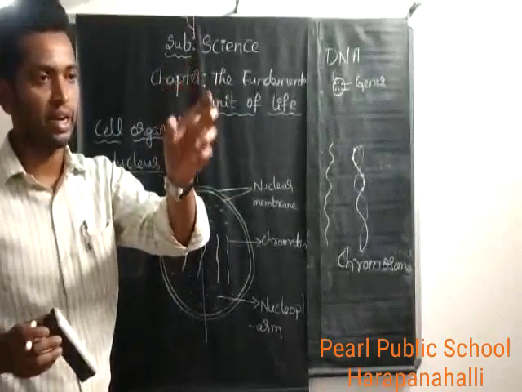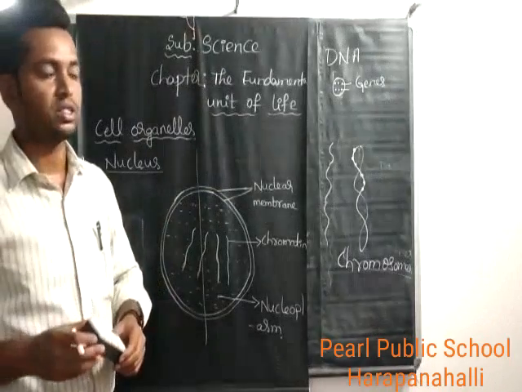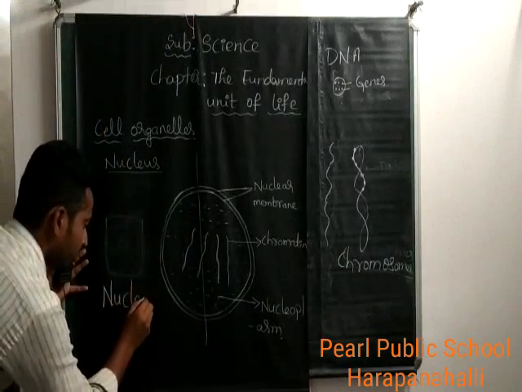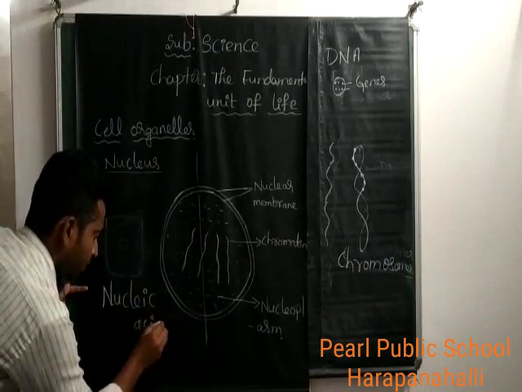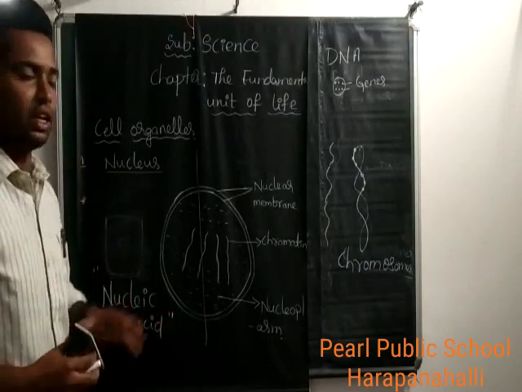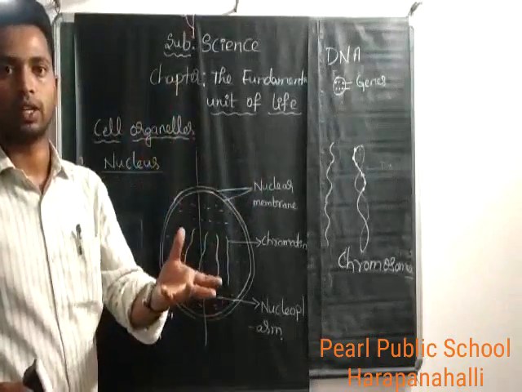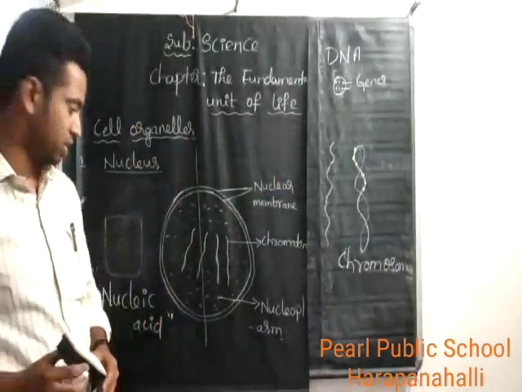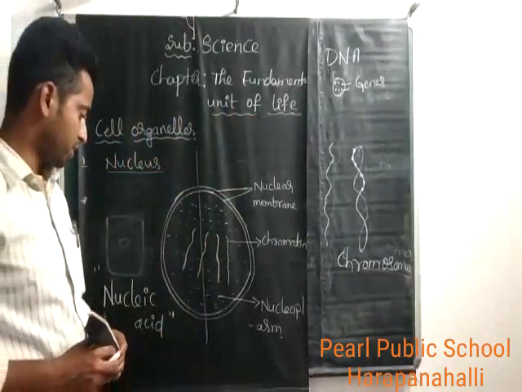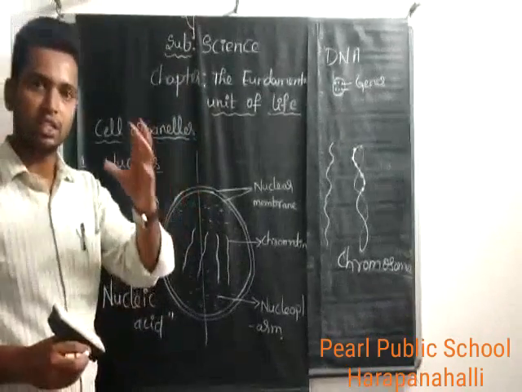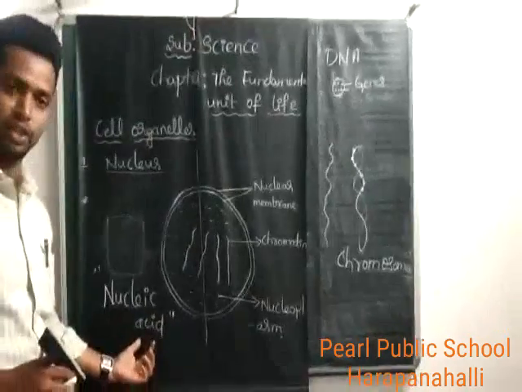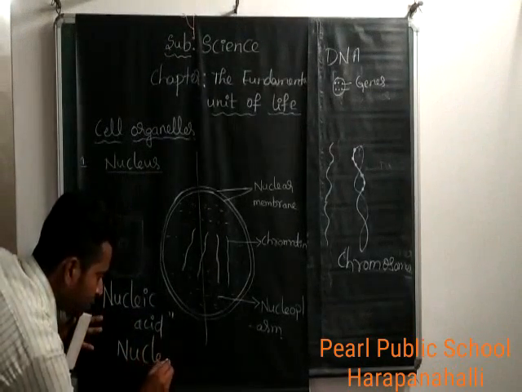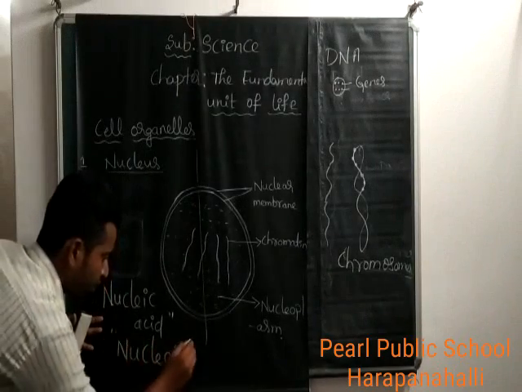Such an undefined nuclear region consists of nucleic acid. This region consisting of nucleic acid, we call it a nucleoid.